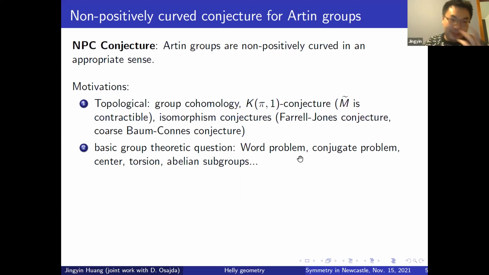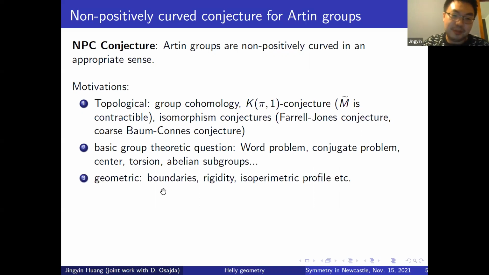That leads to this non-positive curved conjecture, that probably all the Artin groups are non-positive curved in some sense, and this may be one approach to solve the word problem and conjugation problem and the K(π,1) conjecture. That's the one thing people have in mind.